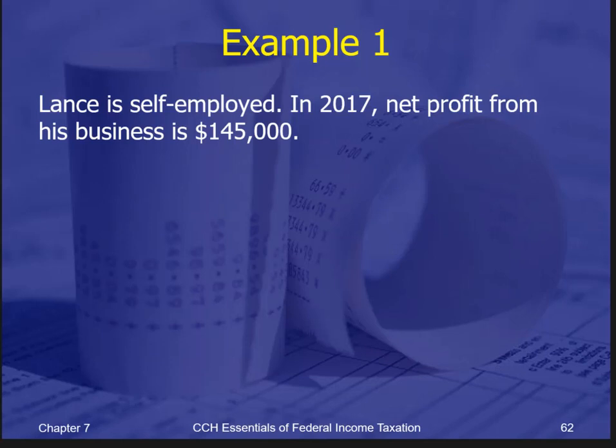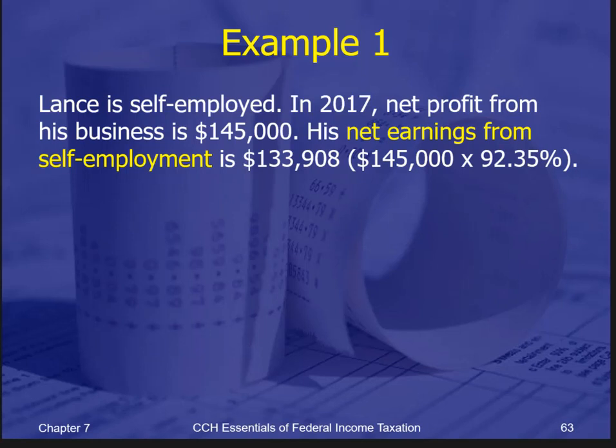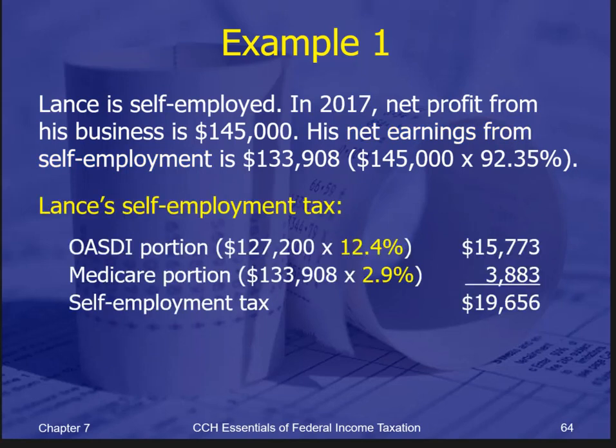So example, self-employed, net profit 145,000. First step, always multiply by 0.9235. Then we are over the limit, so we only charge the 12.4%, the Social Security part, on 127.2, and then on all of it we charge 2.9.